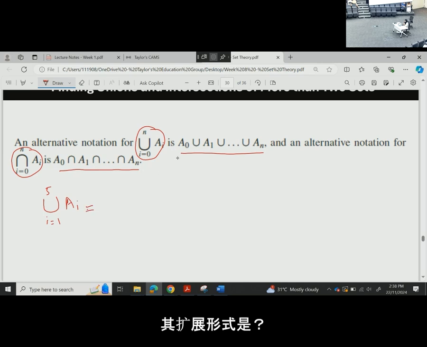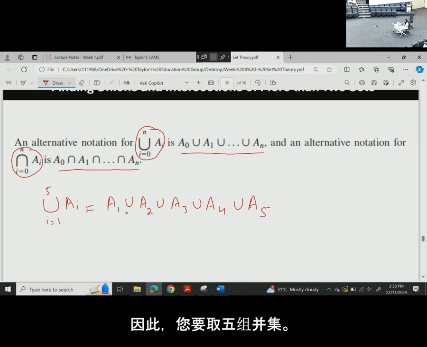The expanded form for this will be, anyone? Like this. Okay, so you are taking the union of 5 sets.